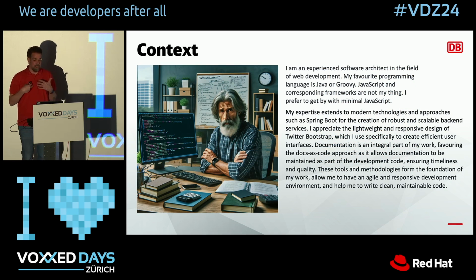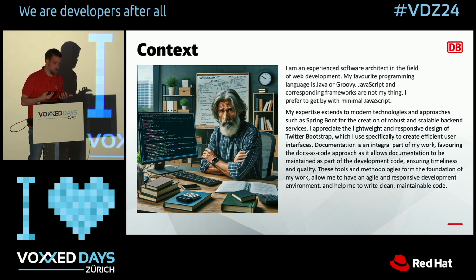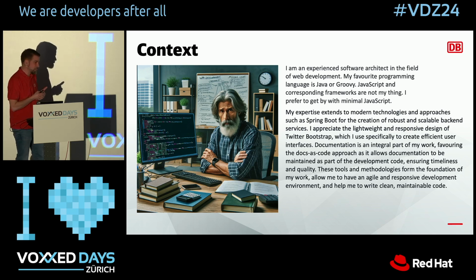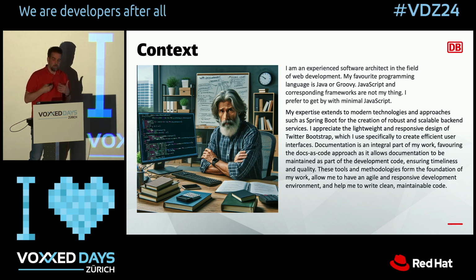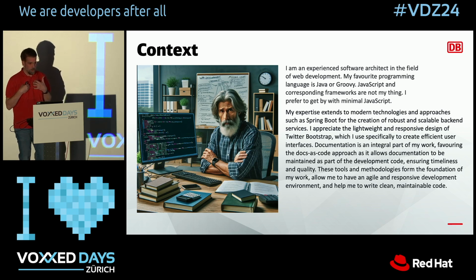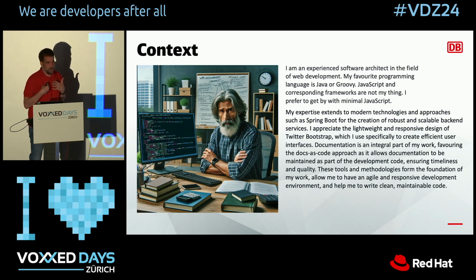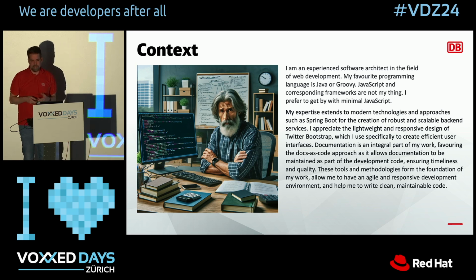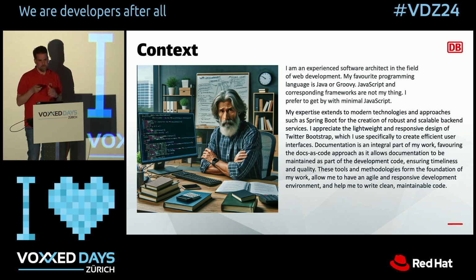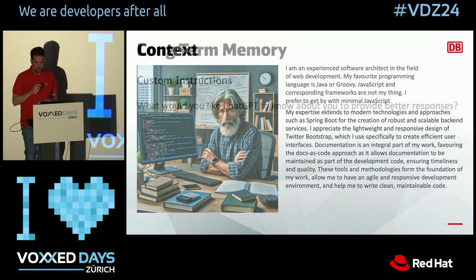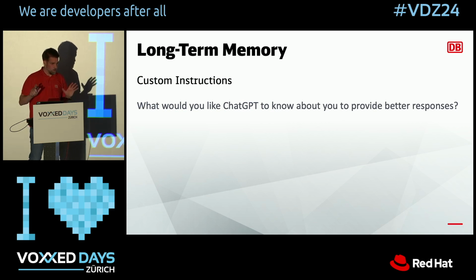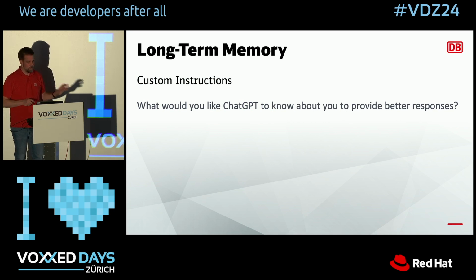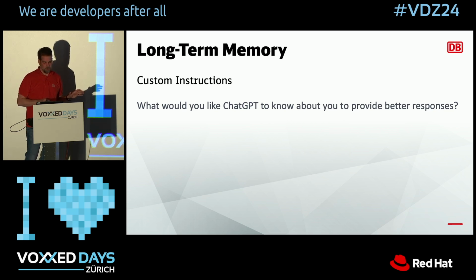So I also extended this context to give ChatGPT some knowledge about my experience, so it knows what it can expect, what I already know, and I don't want to put in this whole context with every session. So OpenAI said, okay, we can fix this. There's a feature called custom instructions.